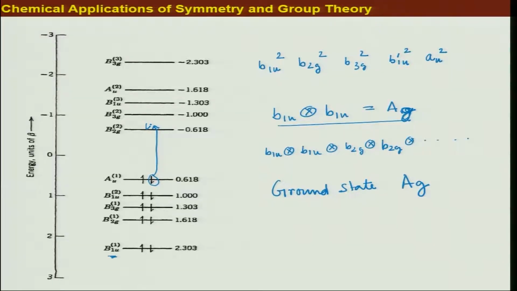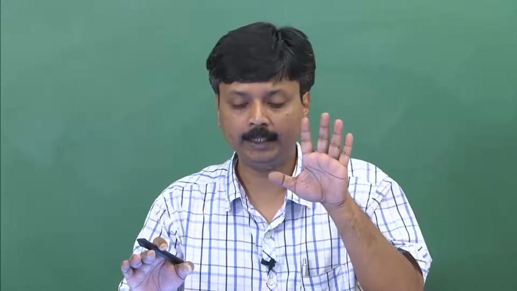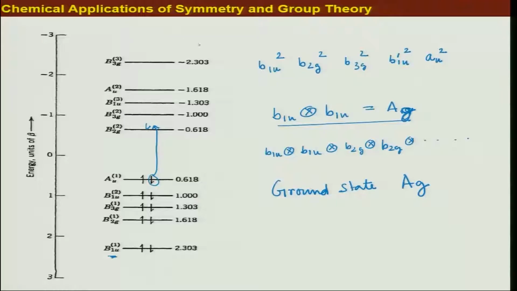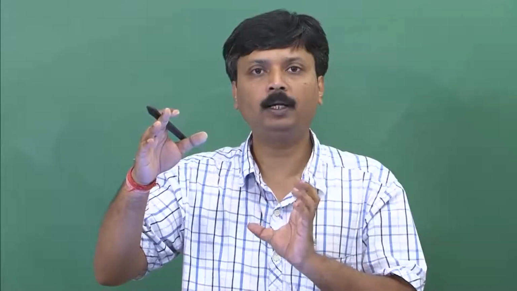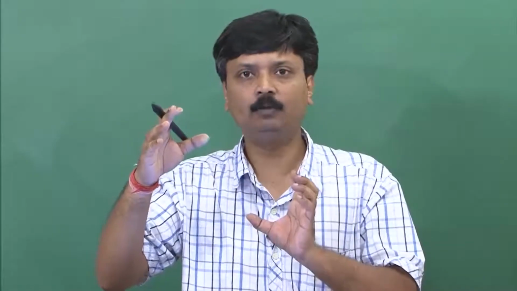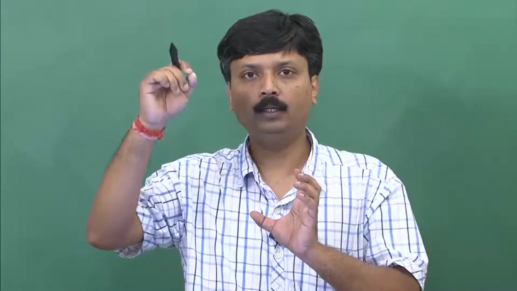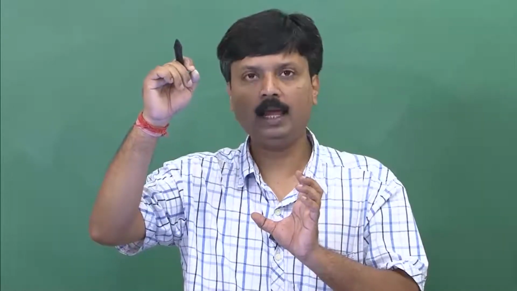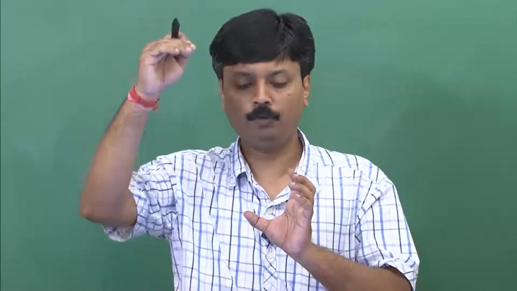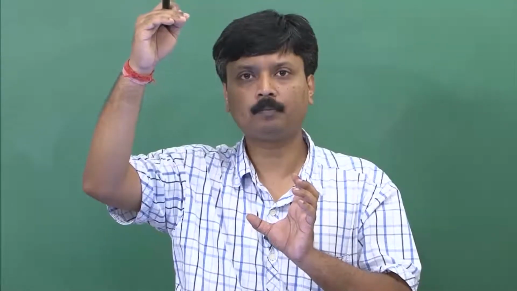Now I have to find out what the electronic state of this is, or what the symmetry of this state is. I am taking the electron from this orbital to this orbital and getting a state. When I had all the system paired up, in this particular case of naphthalene, that constituted my ground state, and my excited state is where one of the electrons from AU has moved to B2G, correct?